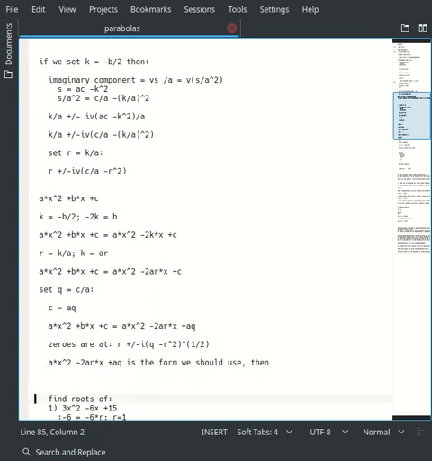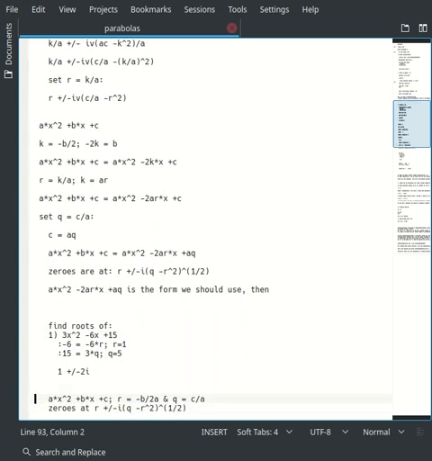But here, let's just actually use it, right? Let's find the roots of, and I just made this one up randomly, and I was really impressed with it. So, 3, minus 6, plus 15. I was just typing numbers. I didn't intend to actually make them all multiples of 3. Okay, so your b is negative 6.